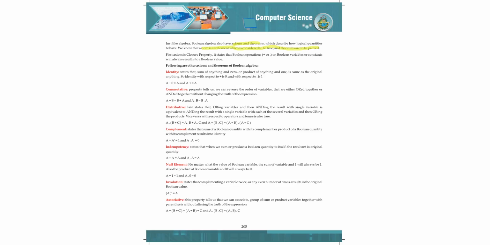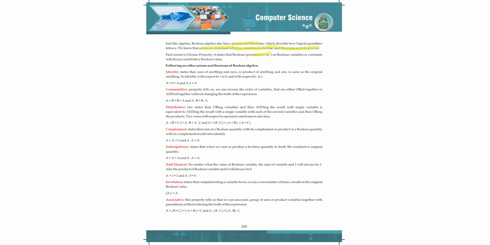Similarly, you have to prove theorems in Boolean algebra also. The first axiom is the closure property. It states that a Boolean operation, either plus or dot, on a Boolean variable or constant will always result in a Boolean value. Whatever you pass, it will give you a result as a Boolean value.